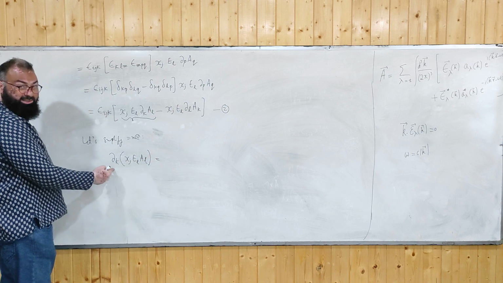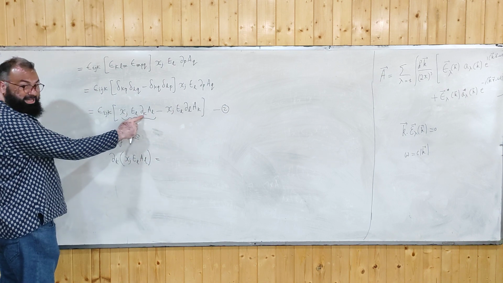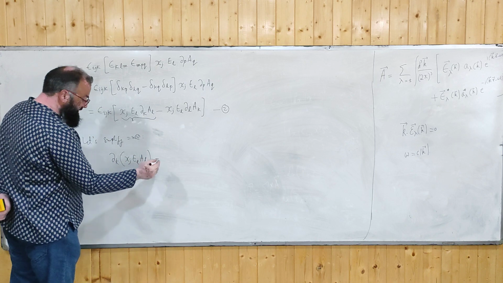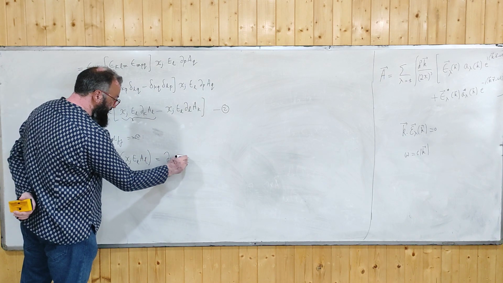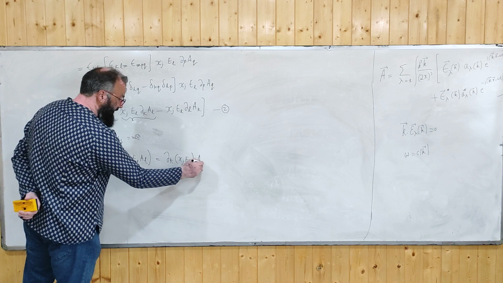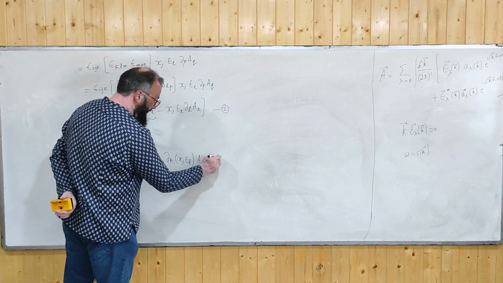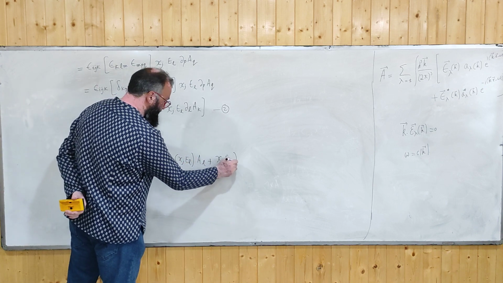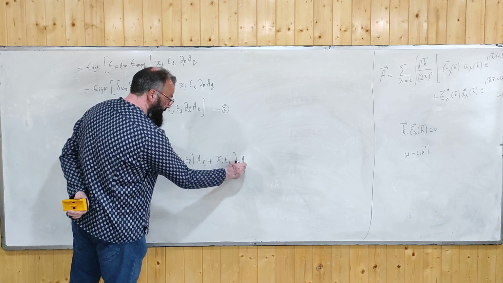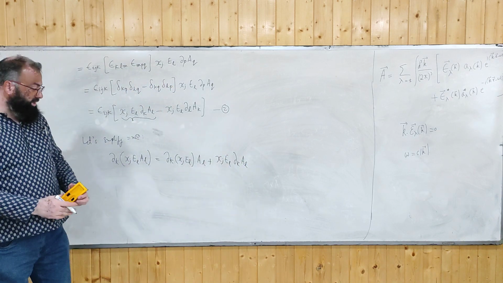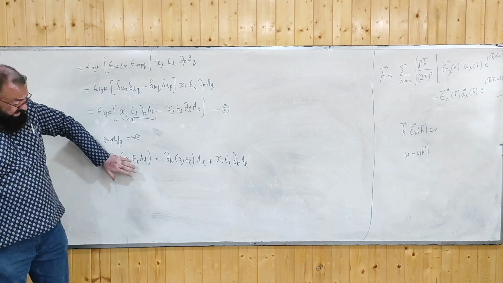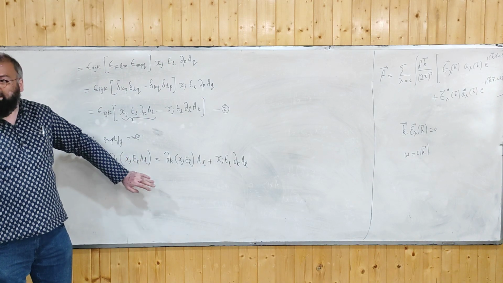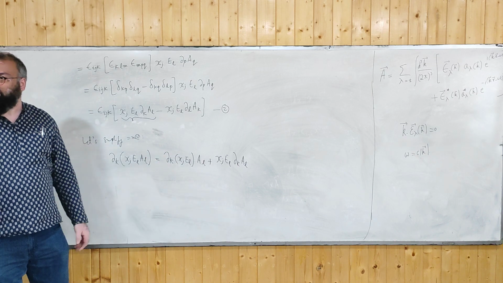I am taking the total derivative of this entire object. So I can write this by the product rule: partial K of Xj EL, then Al, plus Xj EL and partial K Al. Can I write it? So I am taking Xj and EL as one term, and A as the second term, clear? And then do the integration by parts.